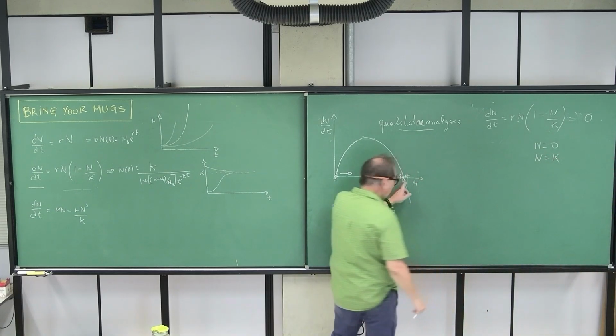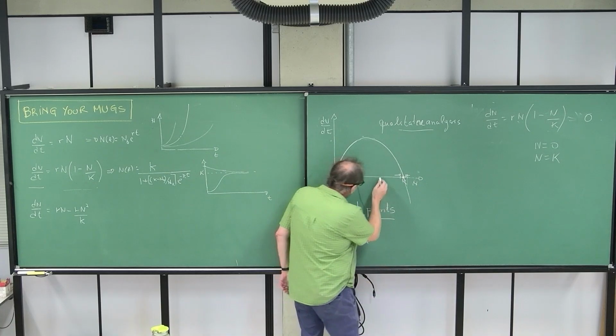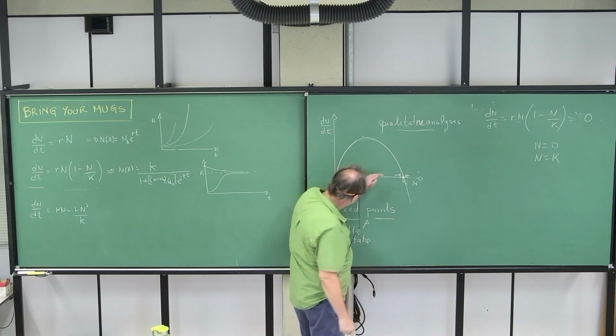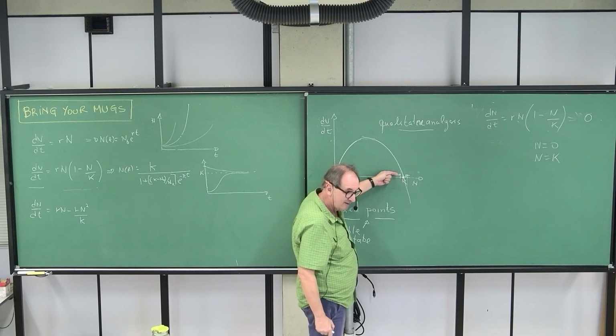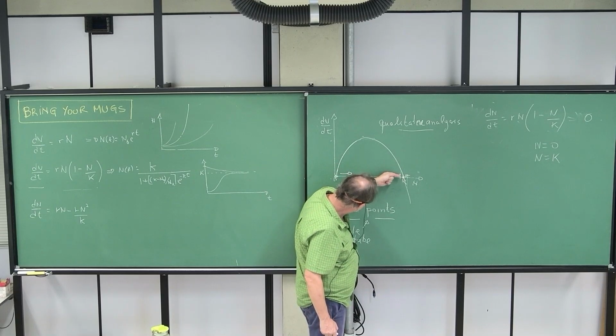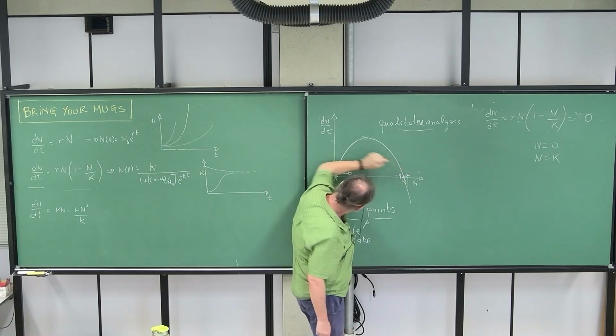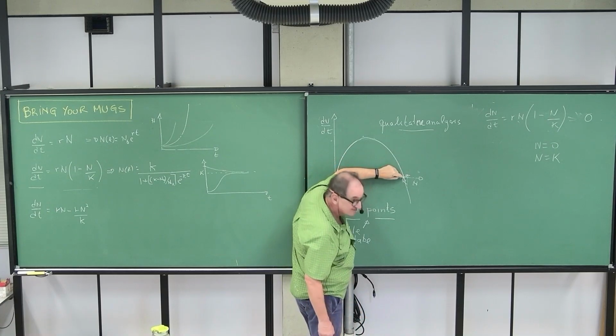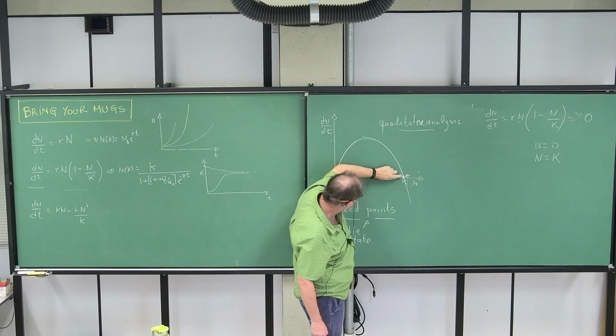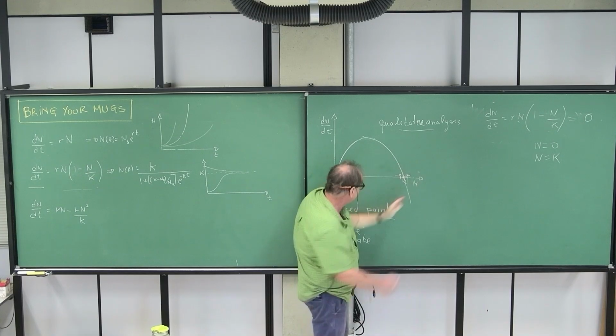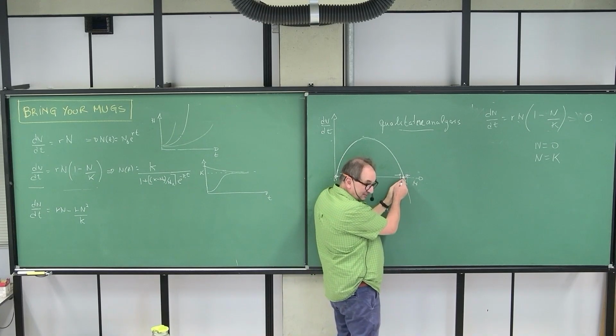And it cannot cross. Why? Here, the population is increasing. Then what happens is the derivative is decreasing and goes to 0, so it can only approach this point. It cannot go past it, because the derivative would have to be still positive.